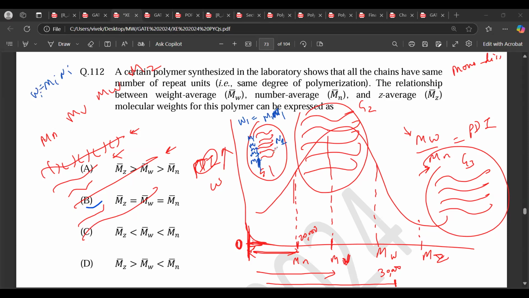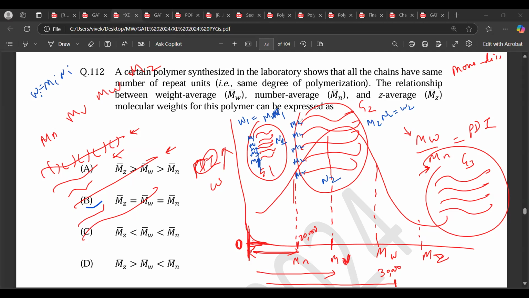That's the idea. In case of this G2 group, let's say all have the M2 molecular weight, and how many in total, N2. So your G2 is going to be M2 into N2, which is W2.